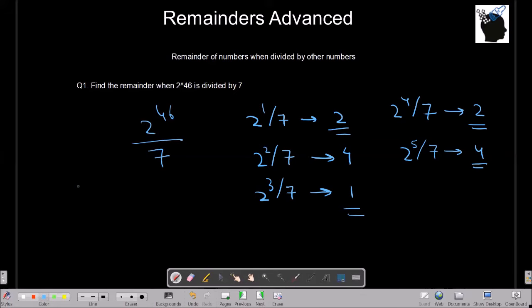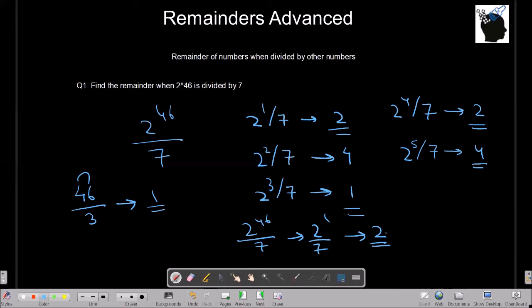That means I can divide 46 by 3 and check the remainder. I can find the sum of the digits, which is 10, and 10 by 3 will give me 1 remainder. That means 46 by 3 leaves 1. So 2 raised to 46 by 7 will give me the same remainder as 2 raised to 1 by 7, which is nothing but 2.